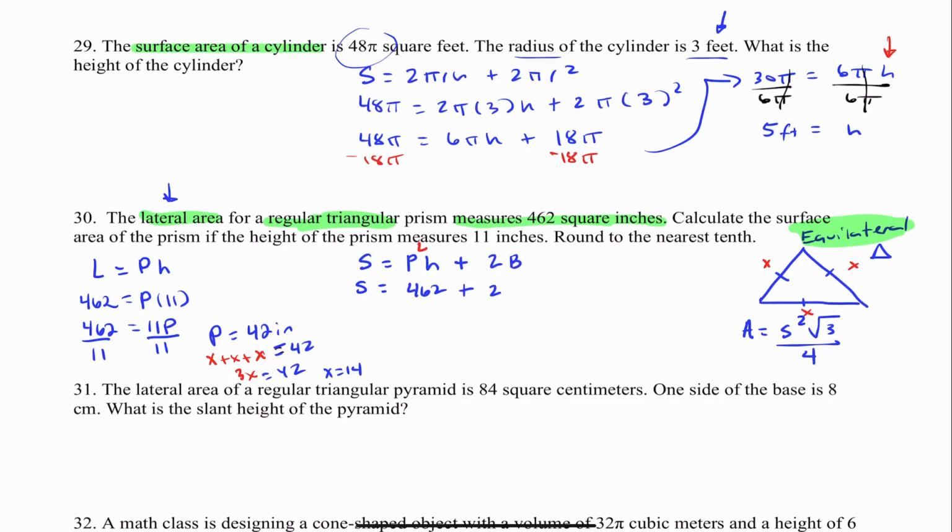And let me go ahead and just do this. I should have used the variable s for these sides here. Let's replace s with x, right? So it's A equals x square root 3 all over 4. But y'all, we figured out what the value of x is. That is actually 14, right? So it's going to be 14 square root 3 all over 4.